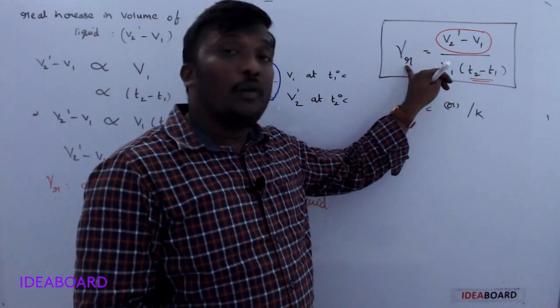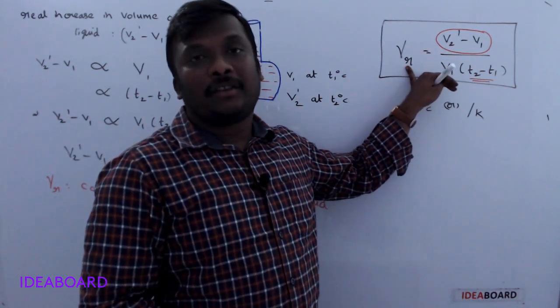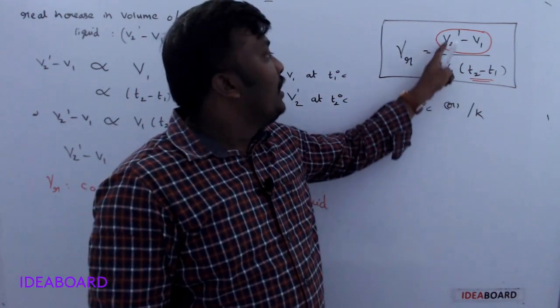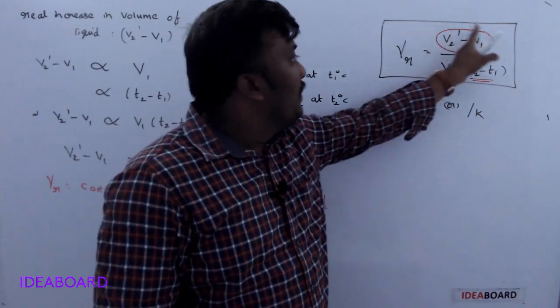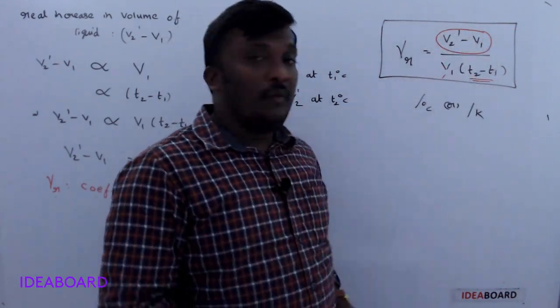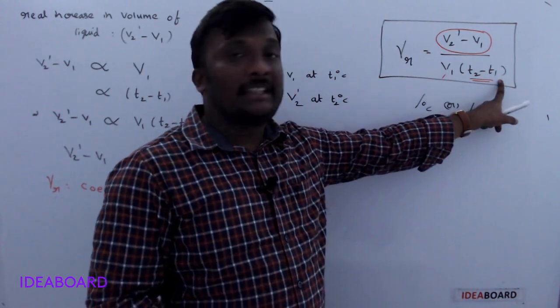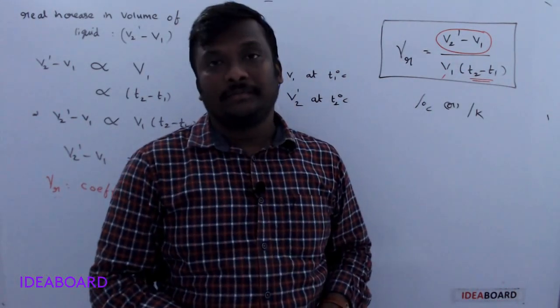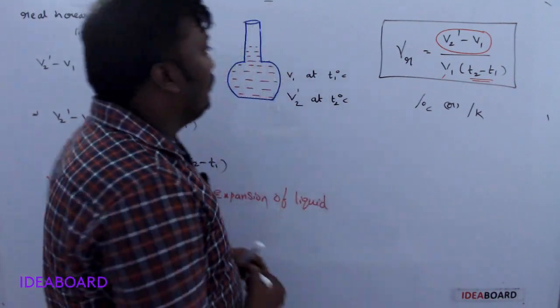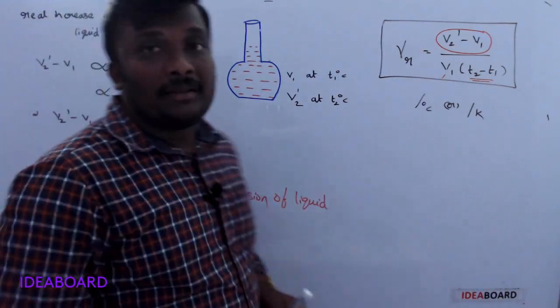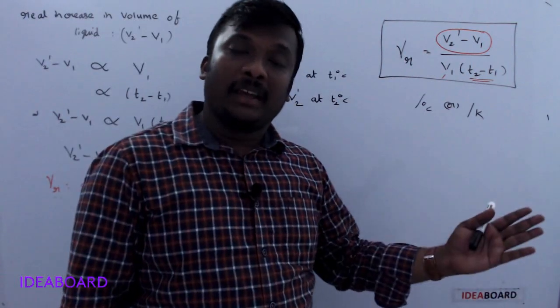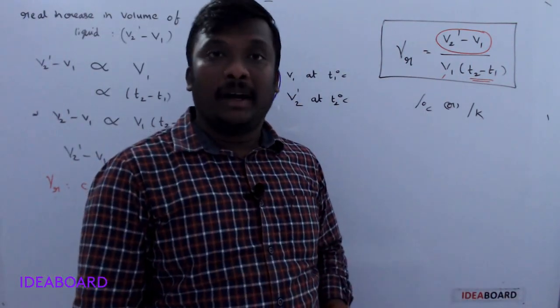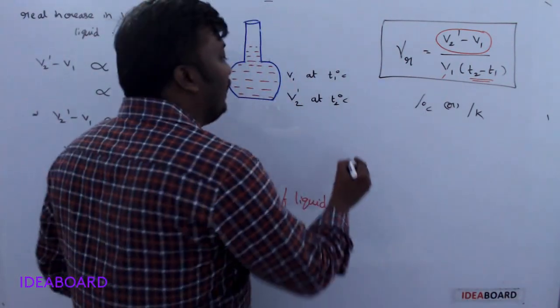The coefficient of real expansion of liquid is defined as the ratio of real increase in volume of liquid per unit rise in temperature to its initial volume of liquid.